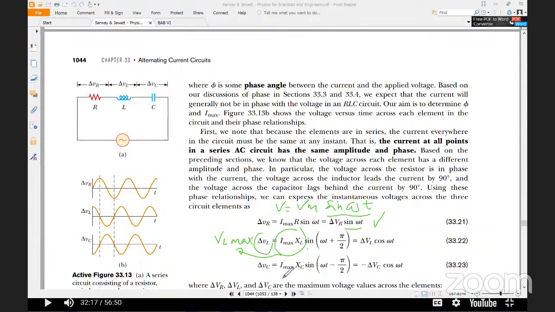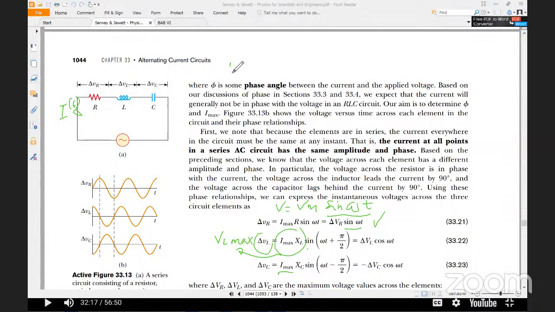So you have to understand we use Imax in all the voltage differences because the current flowing through the three components is the same.